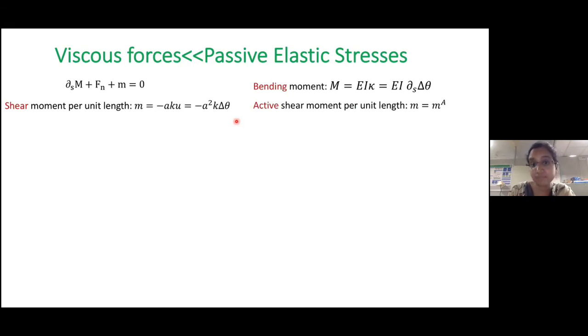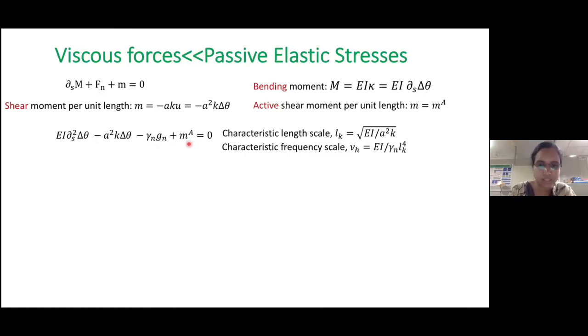Then you have moments due to the motors themselves, and with this you can essentially combine all the terms here. So the first term is the curvature elasticity, the second term is the shear elasticity, the third term is the viscous term, and the fourth term is due to the molecular motors.